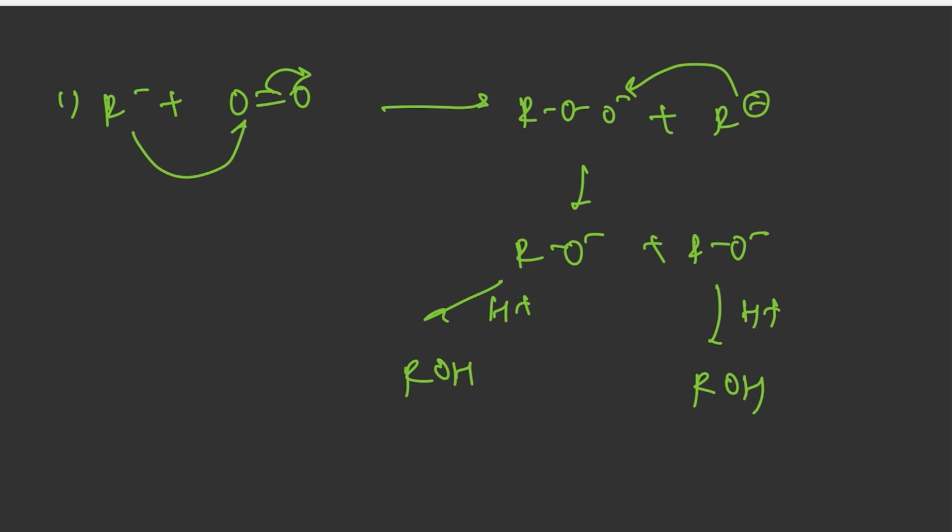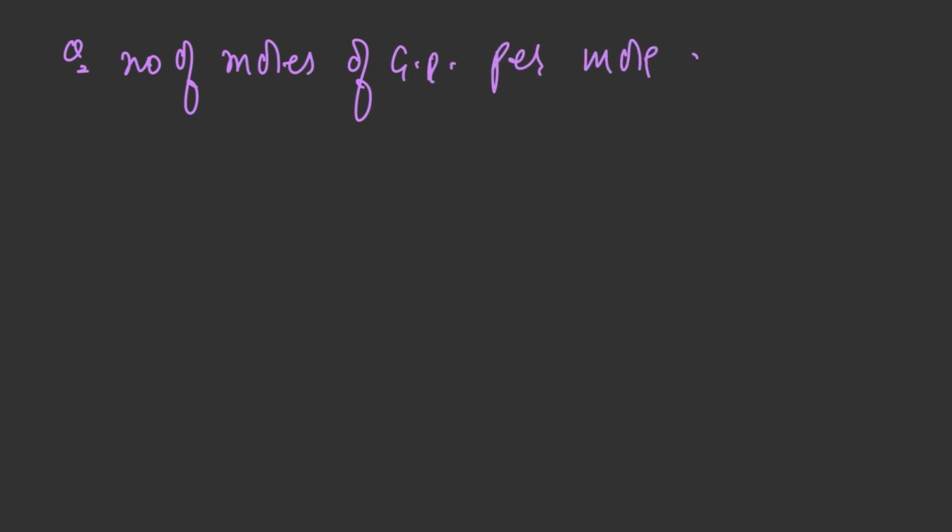Now let's look at some problems regarding the number of moles of Grignard reagent per mole of the given compound. First we have N≡C.